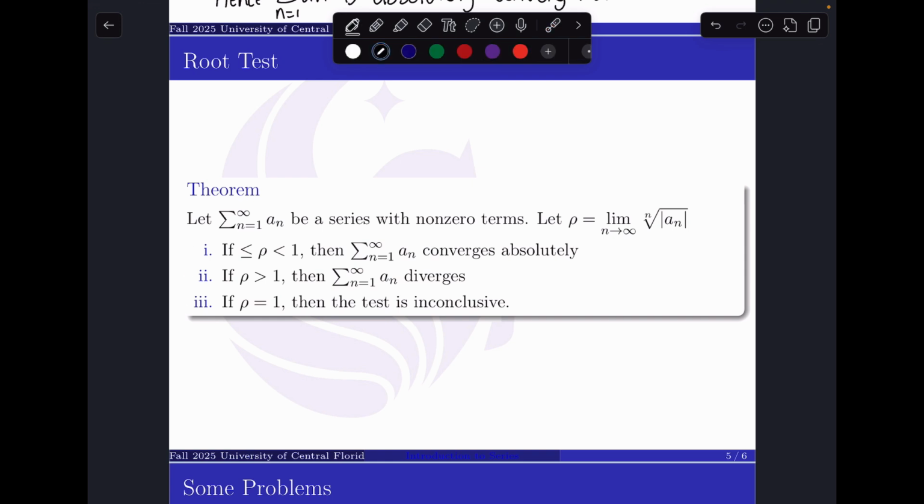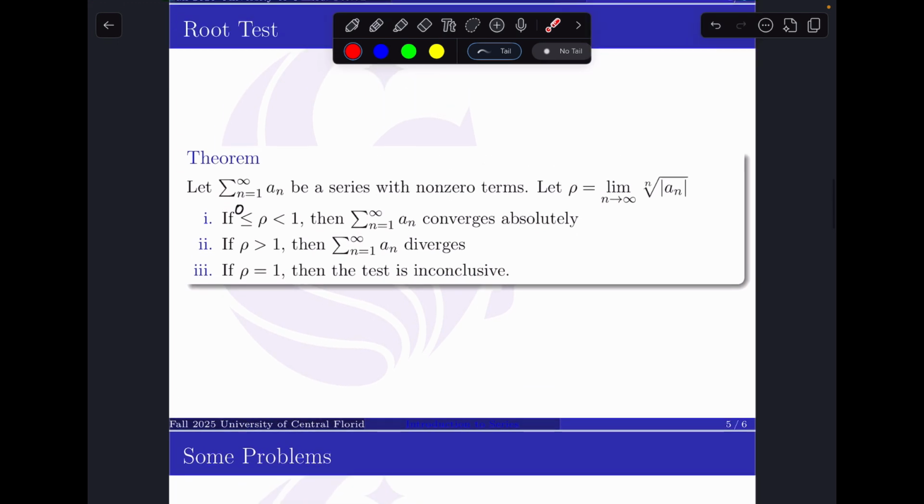If rho is between 0 and 1, we're able to determine that the series converges absolutely. If rho is greater than 1, then the series is divergent. And if we have our threshold case, the test is inconclusive.